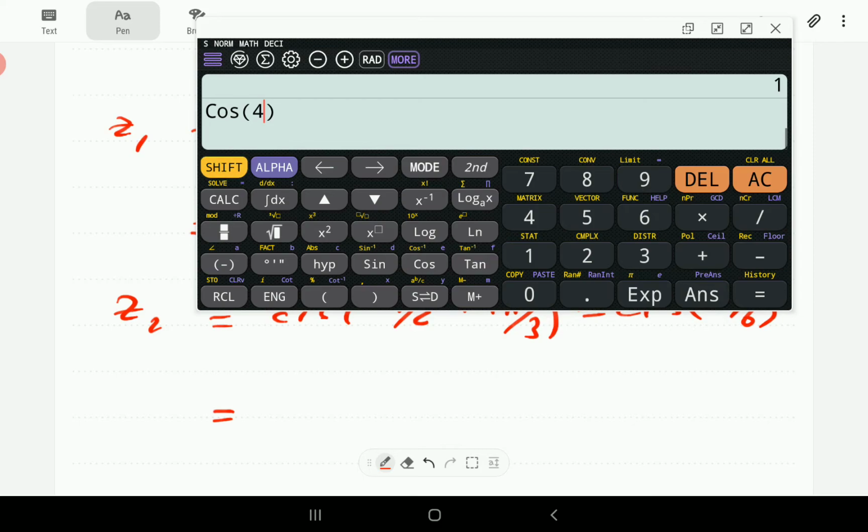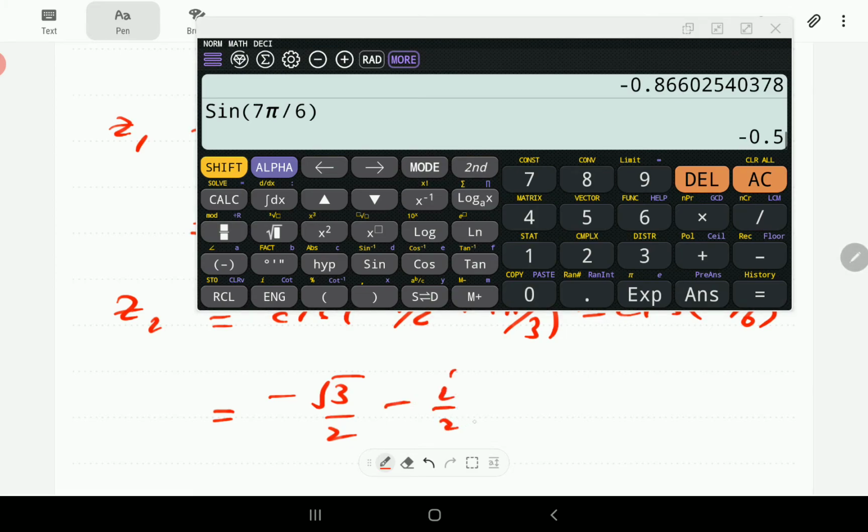Cosine is negative root 3 on 2, and sine is negative 1/2.